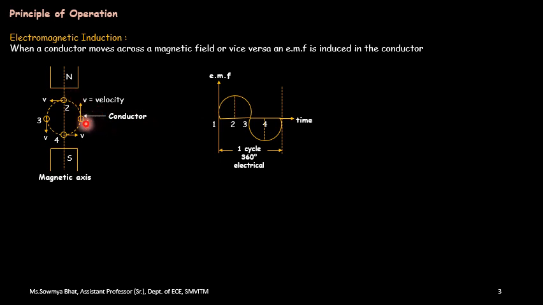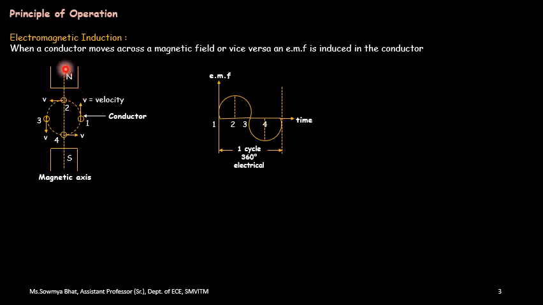Here d phi by dt in position 1 is equal to 0, so E is also equal to 0. Whereas in between 1 to 2, d phi by dt has slightly started to increase, so obviously your EMF induced will also increase. When it comes to 2, the velocity is exactly perpendicular to the magnetic field line.